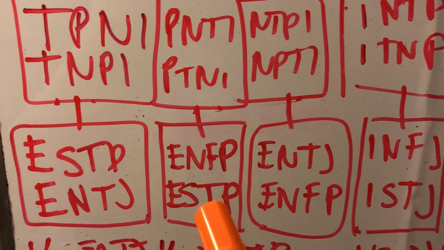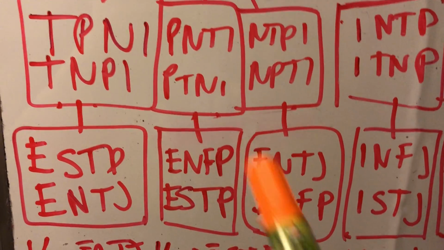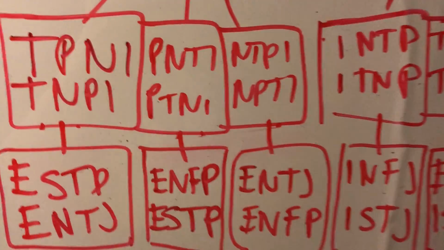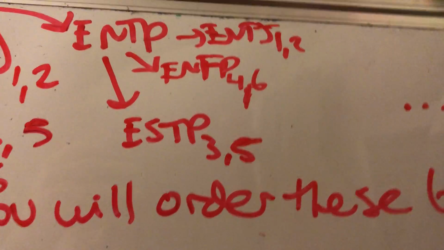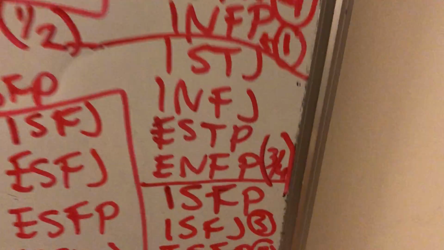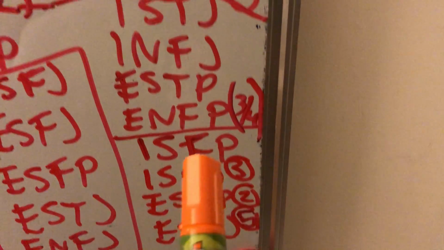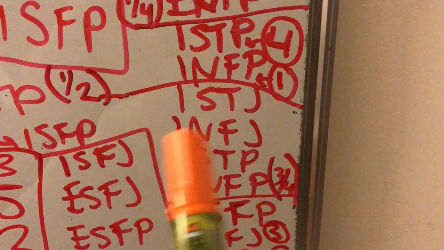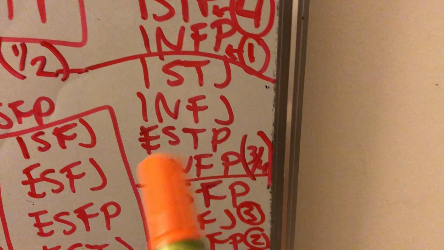And then the least one was the ENFP, which was MPTI and PNTI. So because this average is higher than this one, ESTP is going to come before ENFP. And so ISTJ came before INFJ, and ESTP came before ENFP.